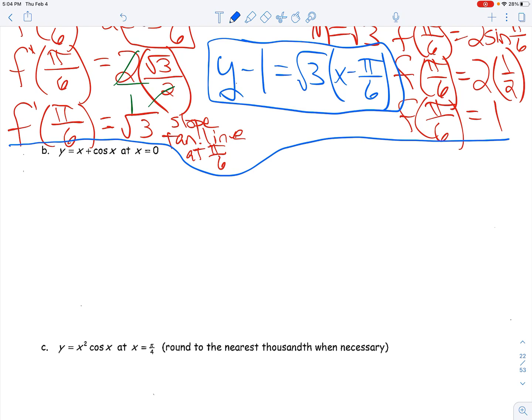All right, so we can write the equation of the tangent line. We can either get the point first or the derivative first. Doesn't matter. Part B on this page, I believe it's page 20.